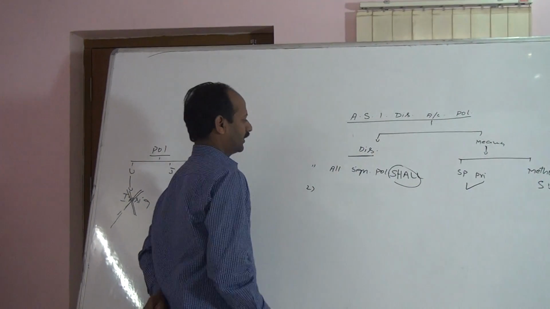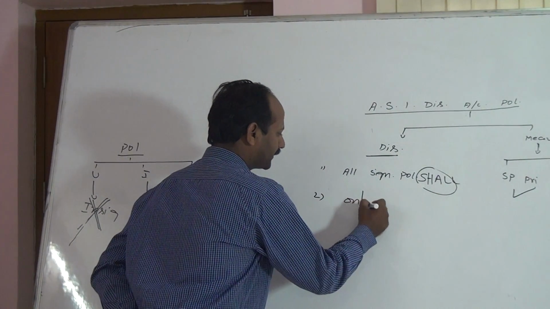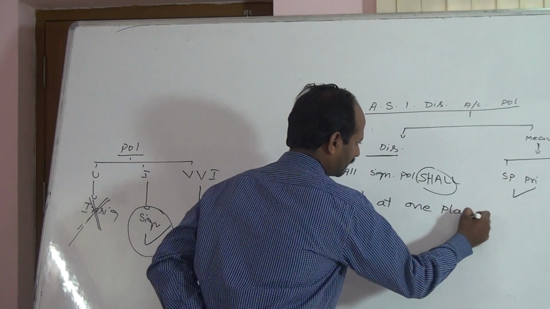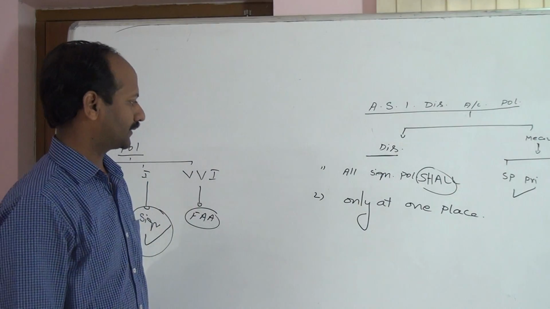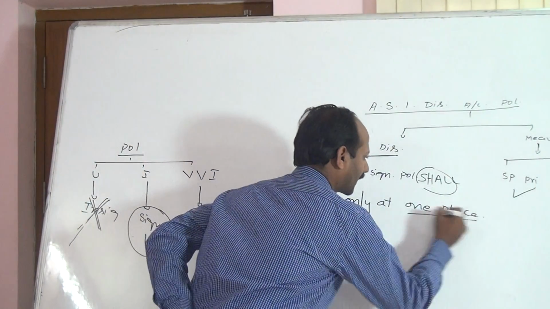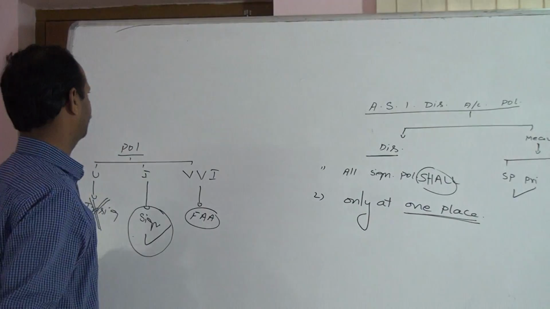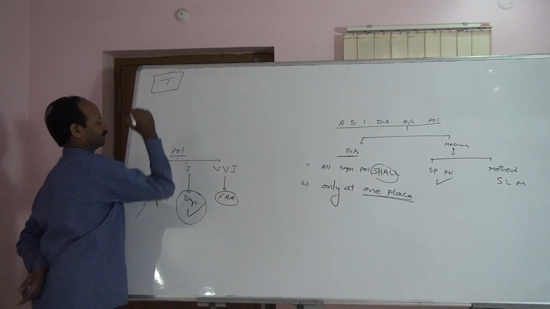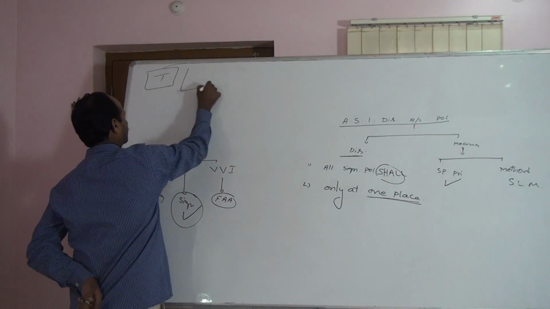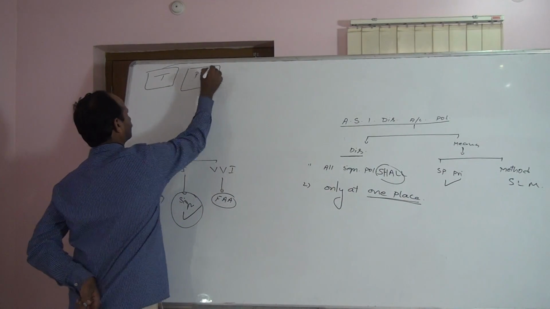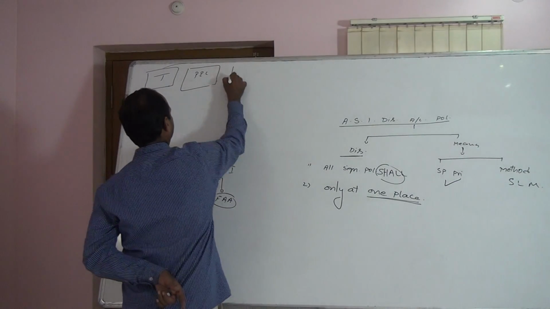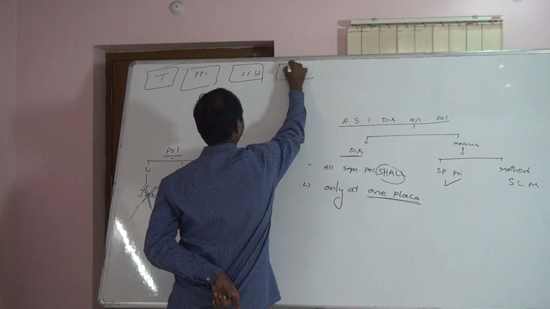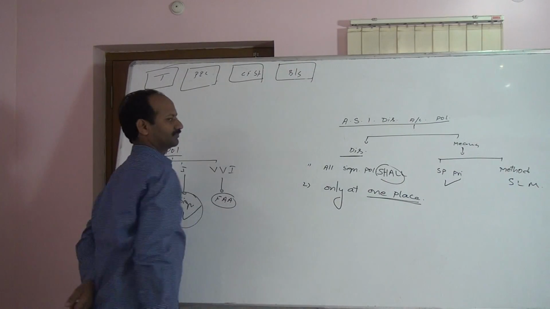Point 2. All accounting policies shall be disclosed only at one place. What is the meaning of one place? Meaning is, suppose you are preparing trading account on page number 1, profit and loss account on page number 2, cash flow statement on page number 3, balance sheet on page number 4.